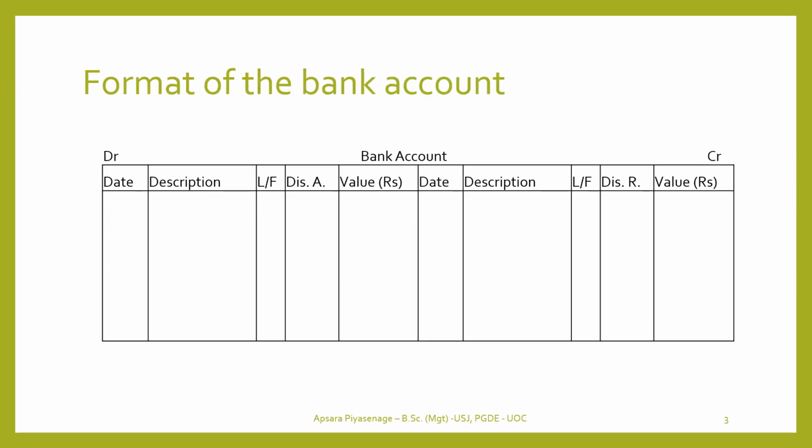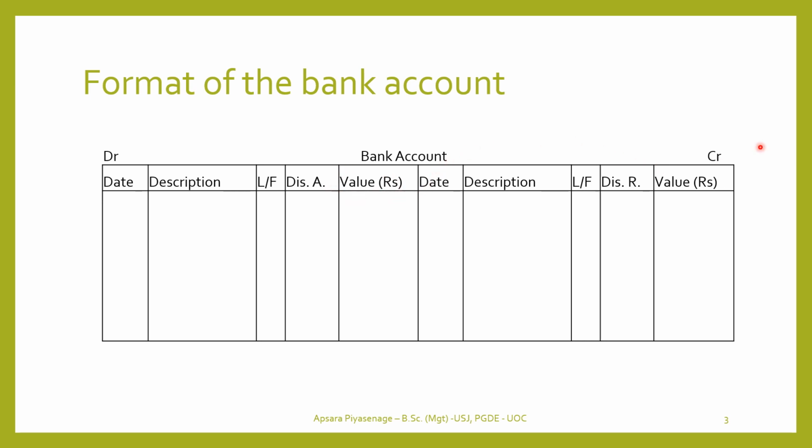This is the format of the bank account. On the top of the account, we should write the name of the account, bank account, and here the debit side and credit side. This is the same as the cash book. On the debit side, date, description, ledger folio, discount allowed, and value columns are there.